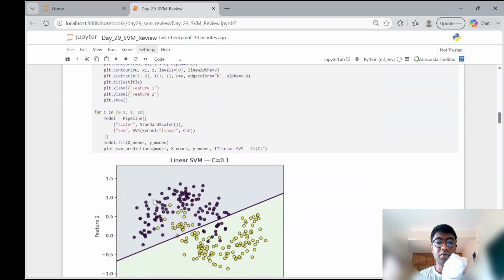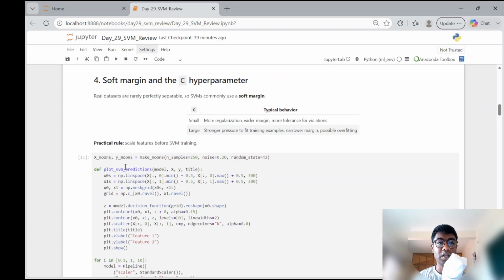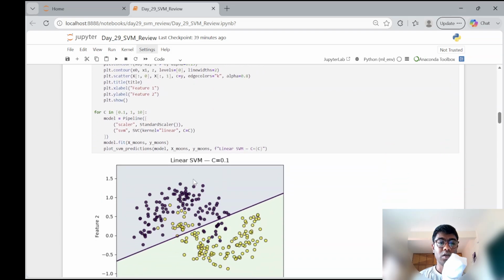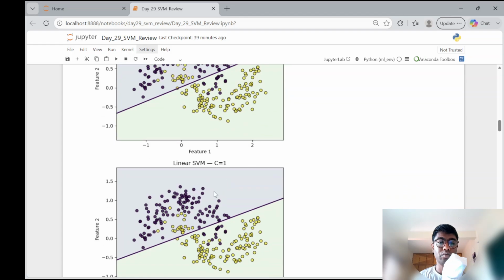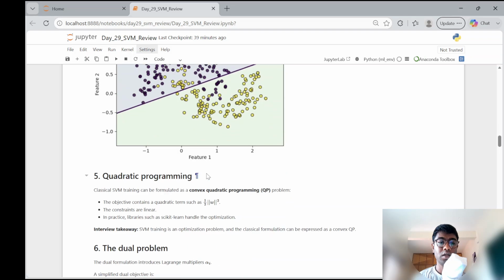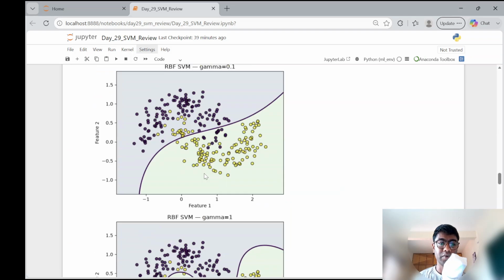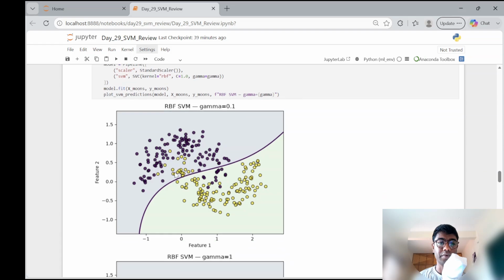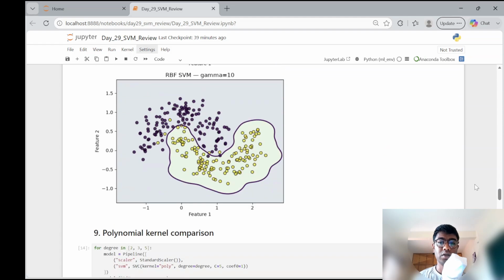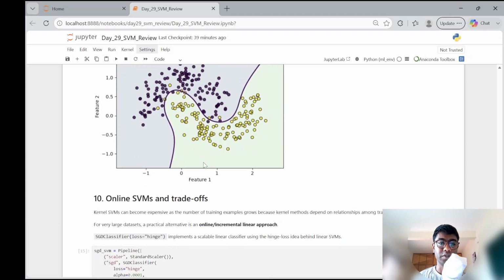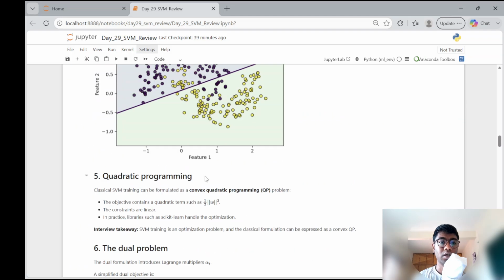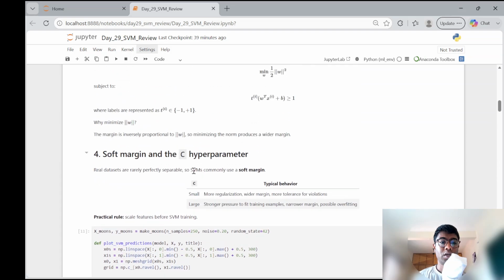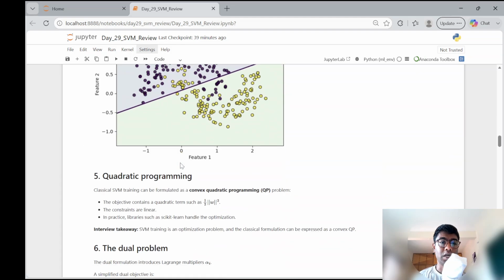We looked at the moons dataset, and here we are drawing out a linear SVM model with C parameter 0.1, 0.1 and 10. Somewhere around here we also have the RBF kernel and polynomial kernel, but we will get there. So that was the C parameter at a high level.